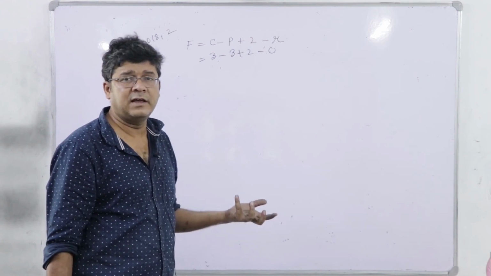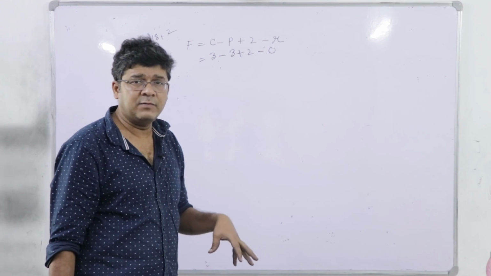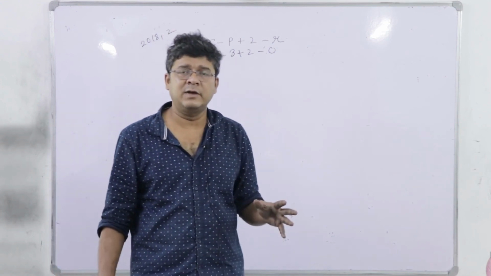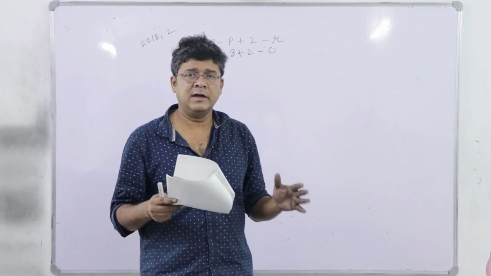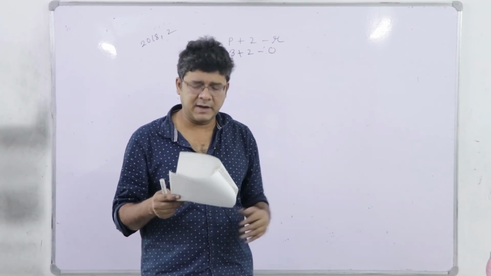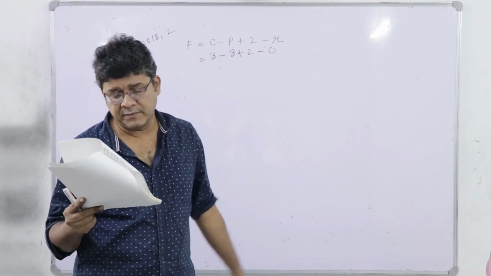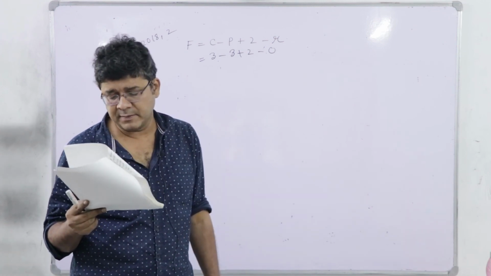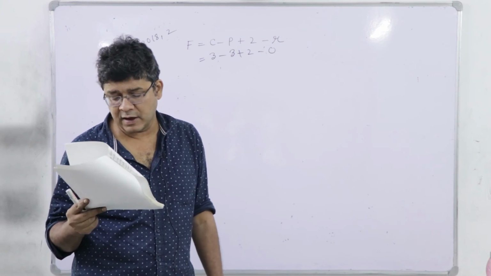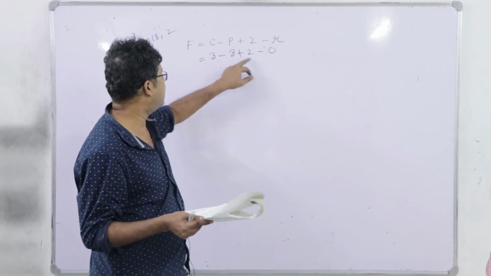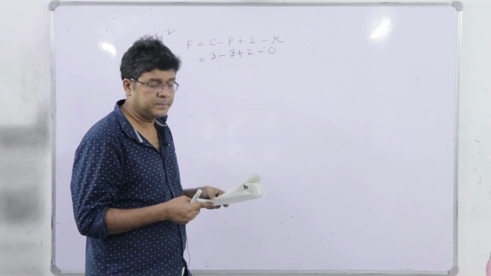Ethanol and water alone was the azeotrope, but whenever we add benzene, this azeotropic condition is terminated by the addition of benzene. And we have two liquid phases and a vapor phase in the distillation column, so the degrees of freedom is 3 minus 3 plus 2 minus 0, so it is 2. Okay.